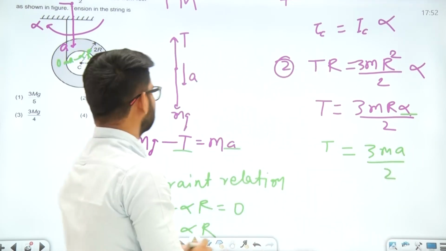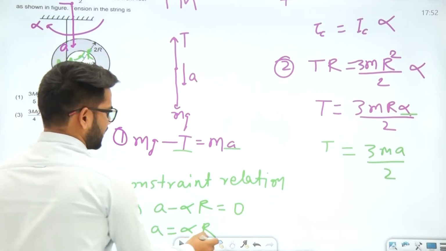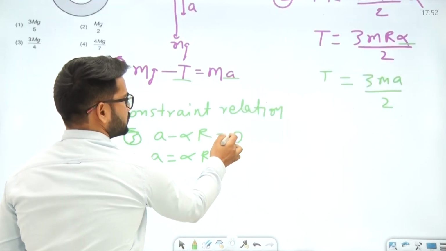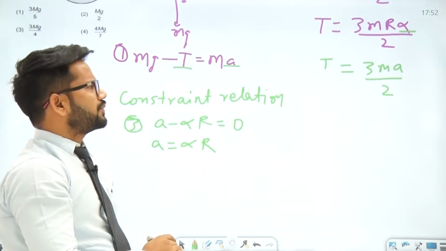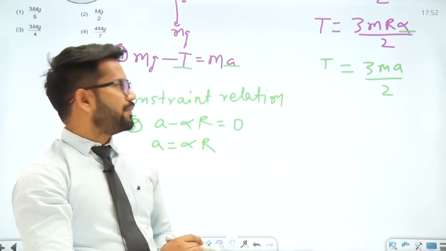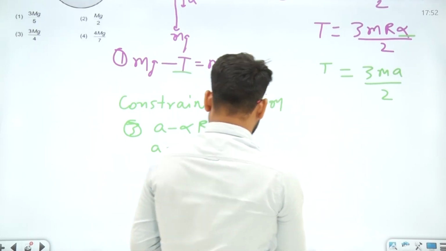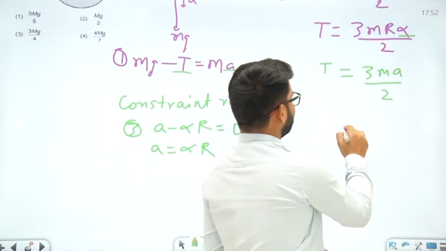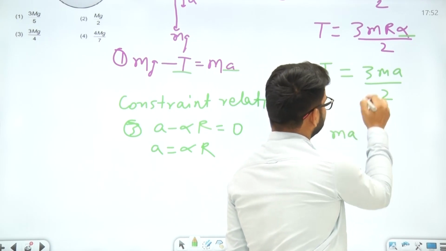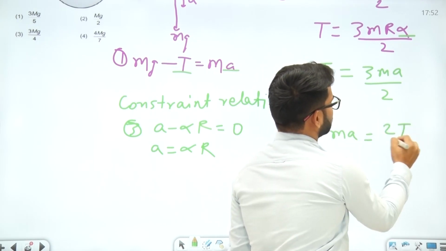We need tension. So in first equation, instead of putting T, put ma, so you will directly get the value of T. So ma we have from this equation 2T over 3.